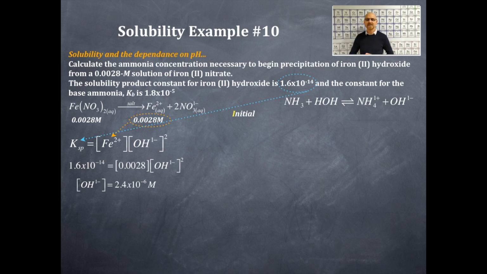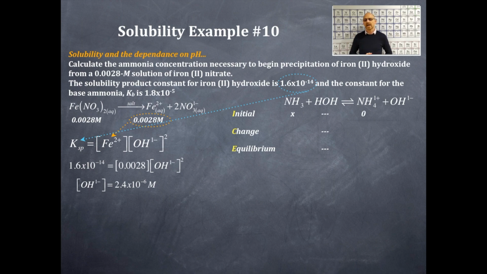We've got an ICE table that we're going to do, with the initial, the change, and the equilibrium. We're going to solve for X, because we're trying to get the ammonia concentration necessary to begin precipitation. We don't have to worry about the water, because that's a liquid and liquids are not involved in any kind of K expression. So the change and the equilibrium for the water, we're just deleting.